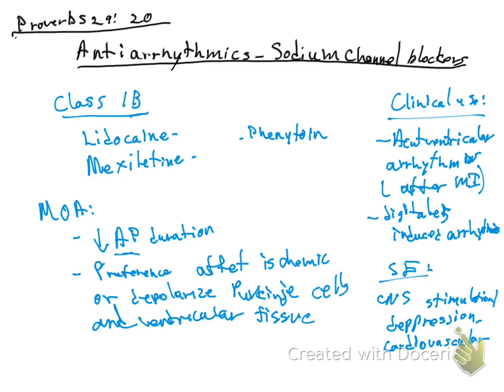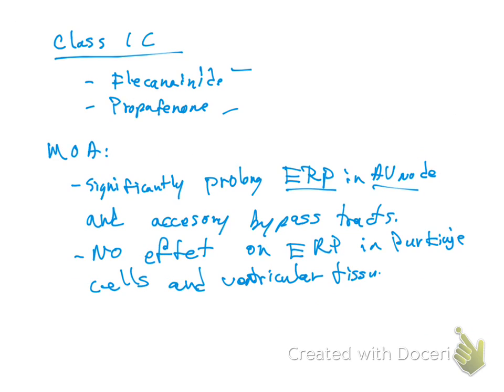Class 1B affects Purkinje cells, but class 1C doesn't. Class 1C also has a minimal effect on the action potential duration.